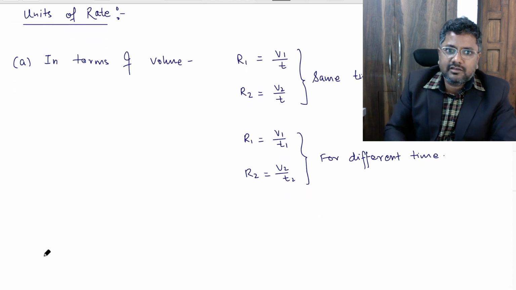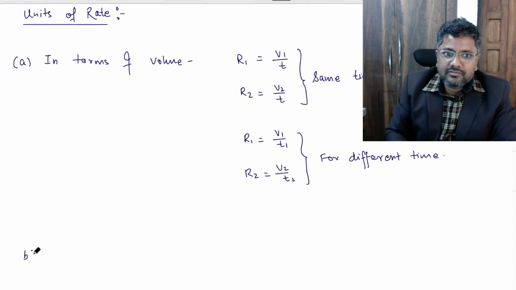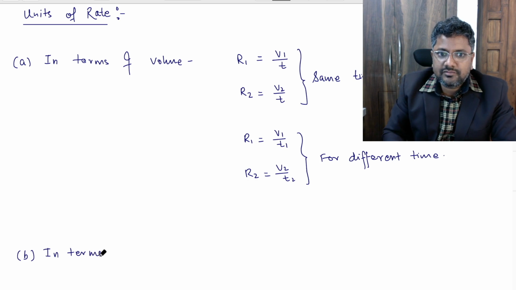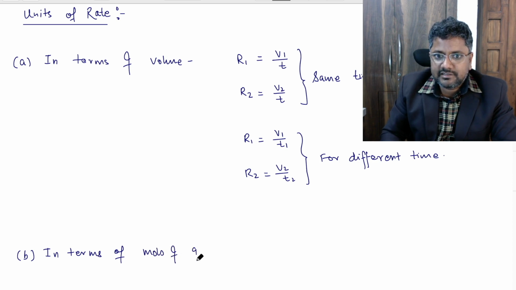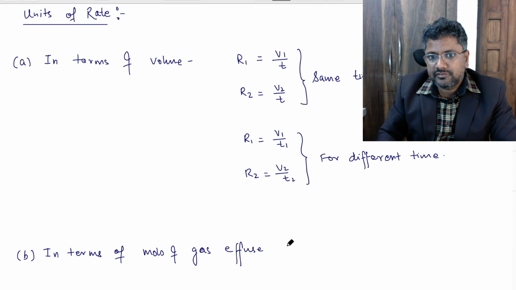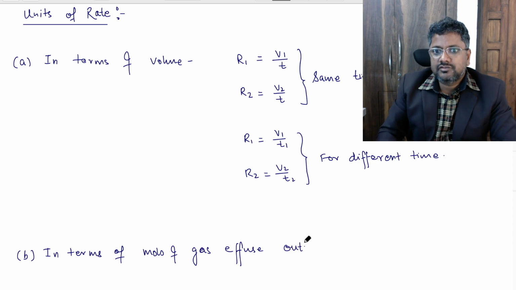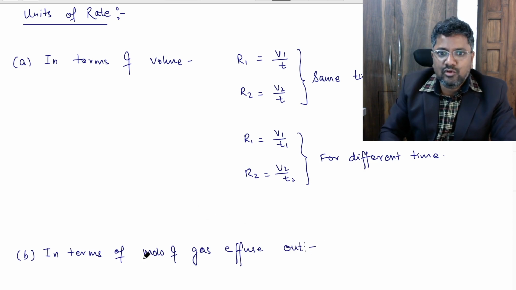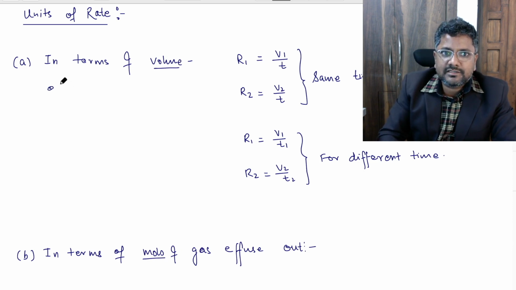Now second one in terms of moles of gas effused out. So in terms of moles of gas effused out, this is in terms of volume of gas effused out.